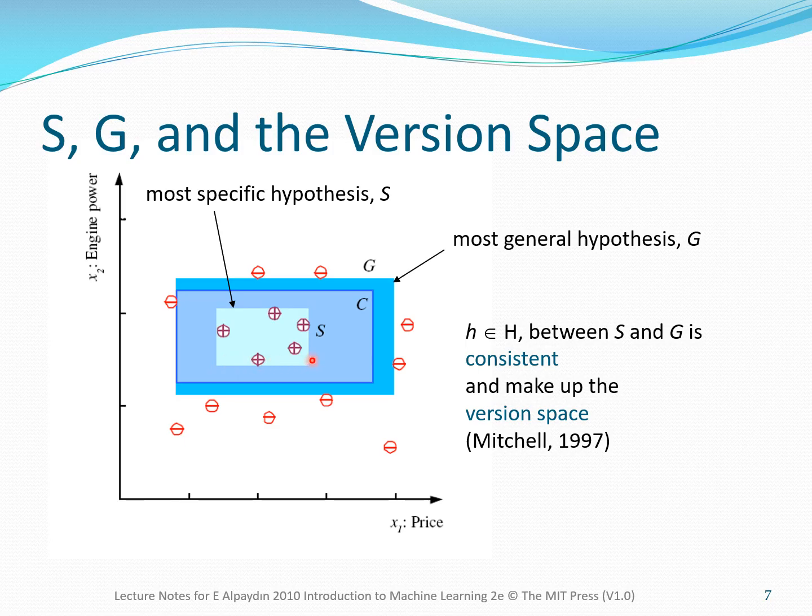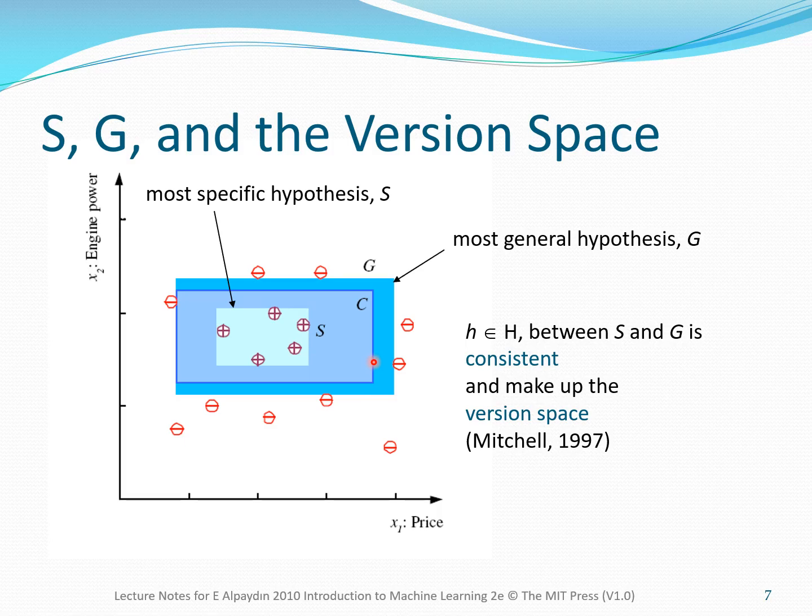This gives us one hypothesis, h equals S, as our induced class. Note that the actual class C may be larger than S but is never smaller.